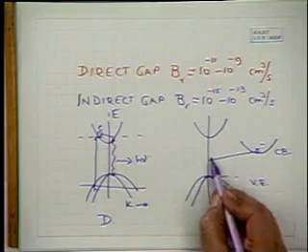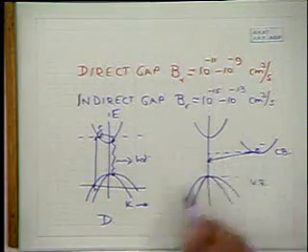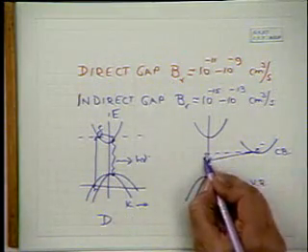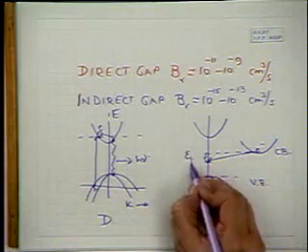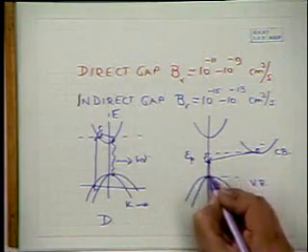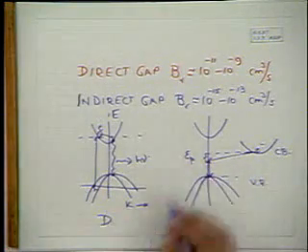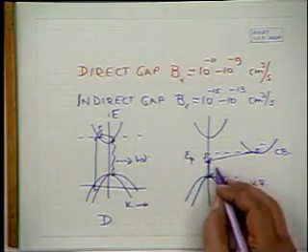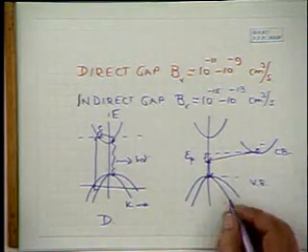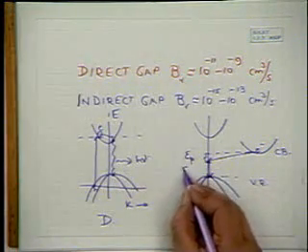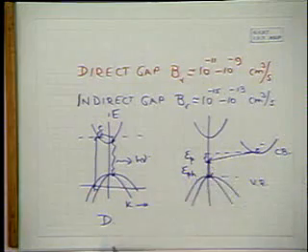a two-stage process where this energy is given away as phonons, followed by recombination, which gives rise to the energy EPH of the photon.